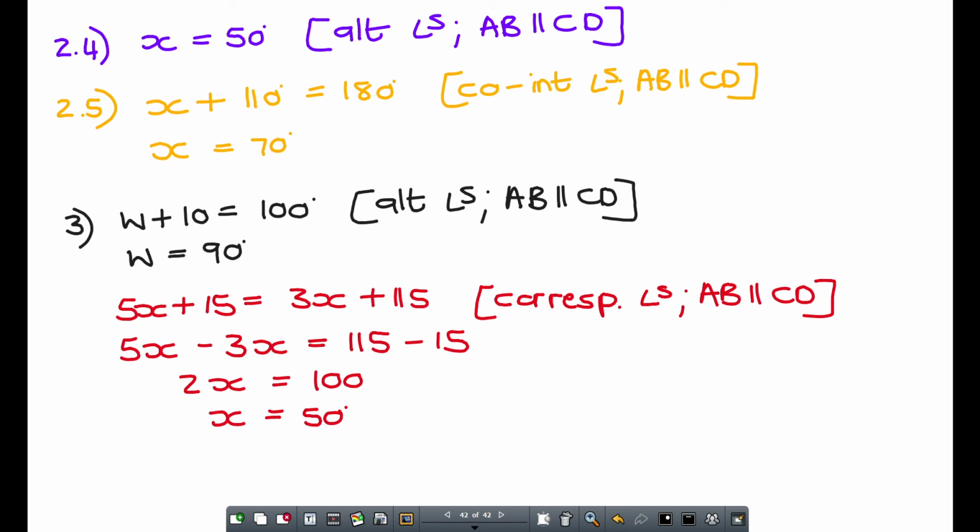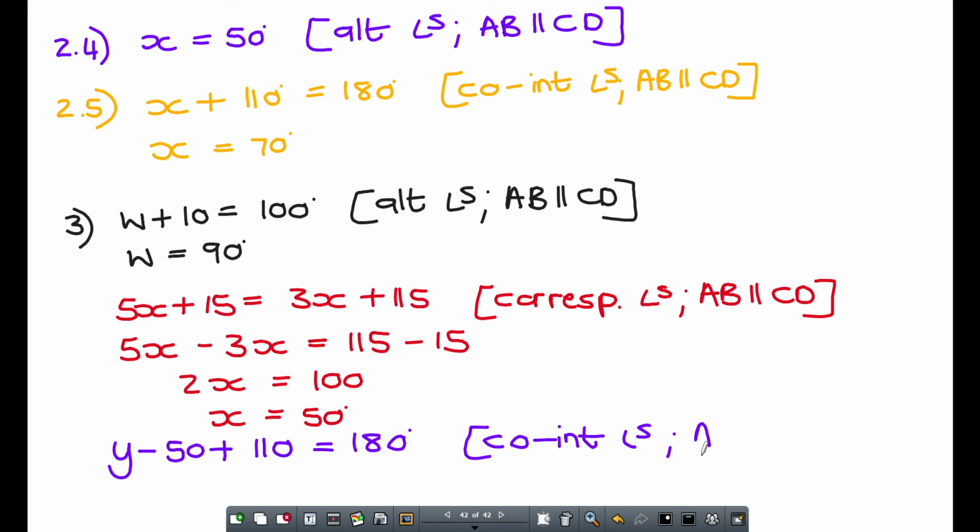So I can start with y minus 50 plus that 110 must be equal to 180. Reason is co-interior angles. Still AB parallel to CD.